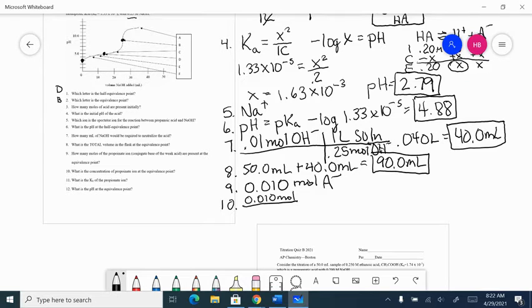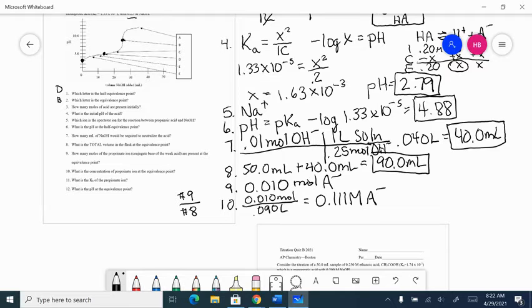So this is going to be number 9 divided by number 8. That's the concentration of the conjugate base at the equivalence point.